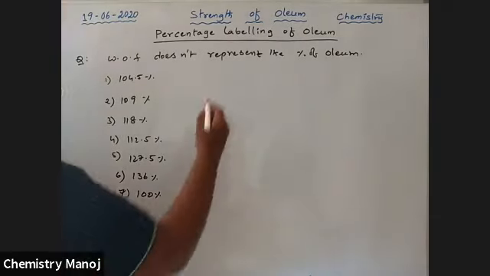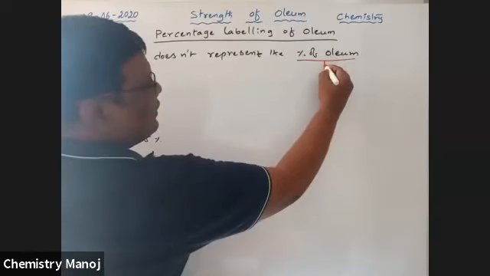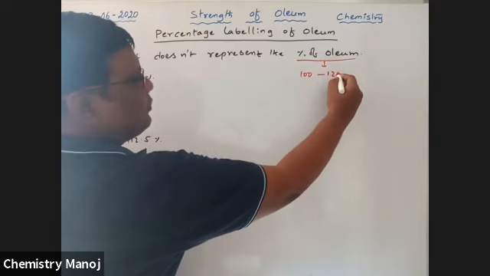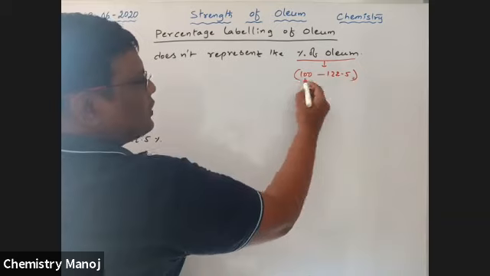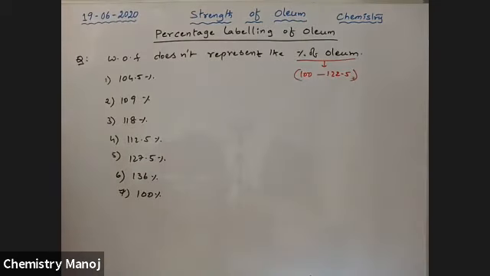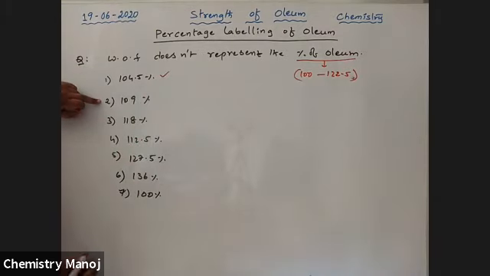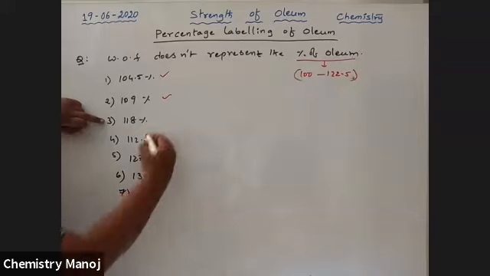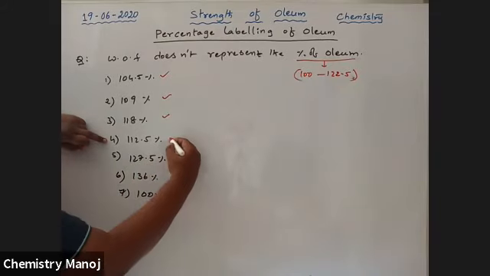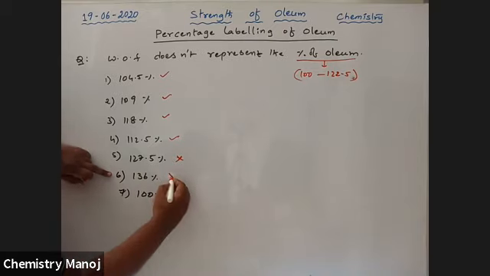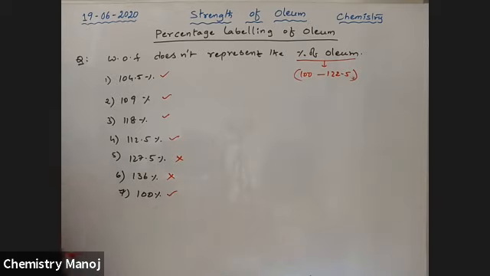No doubt, we know the percentage labeling of oleum is always between 100 and 122.5. So 104.5 is possible, 109 is possible, 118 is possible, 112.5 is also possible. 127.5 is greater than 122.5, so not possible. 136, once again, not possible. 100 is possible.